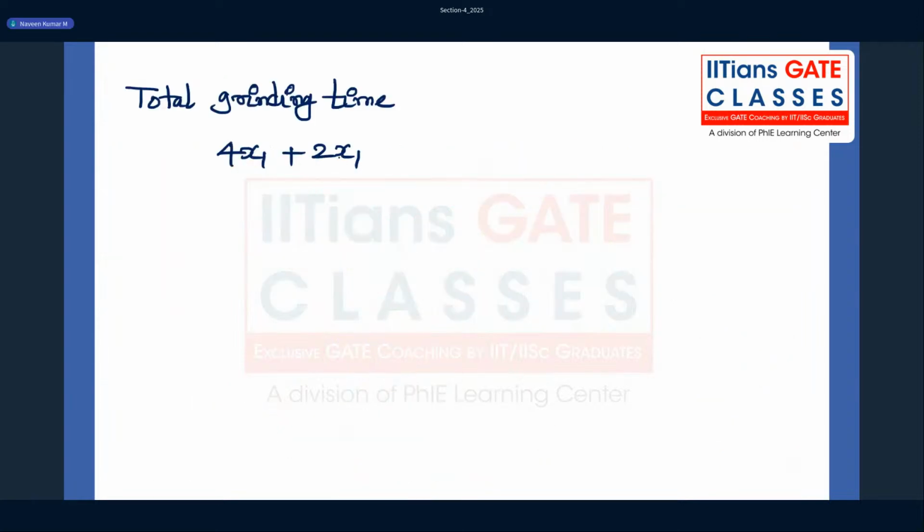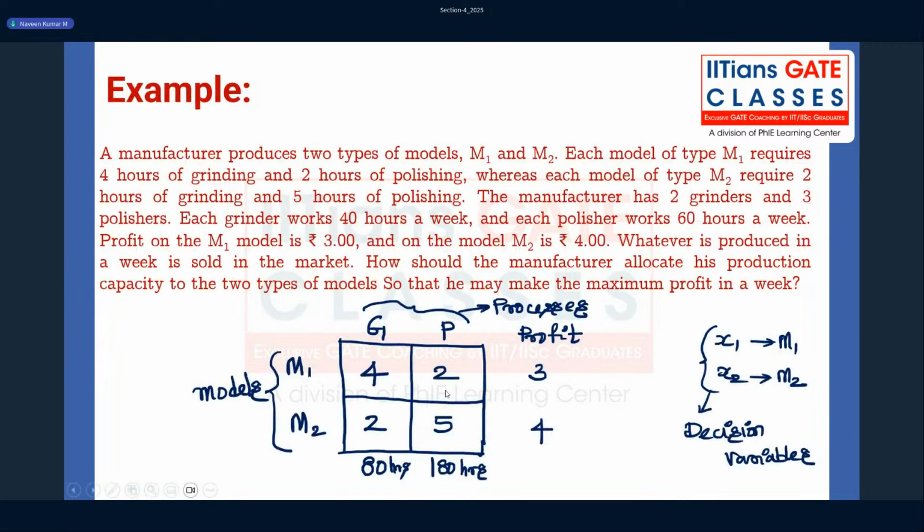These are the total grinding hours required if you're making x1 M1 models and x2 M2 models. So it should be less than or equal to 80 hours. That is the cap because you have two grinders working 40 hours a week, right? 2 into 40, 80. And total polishing time is 2x1 plus 5x2 should be less than or equal to 180.